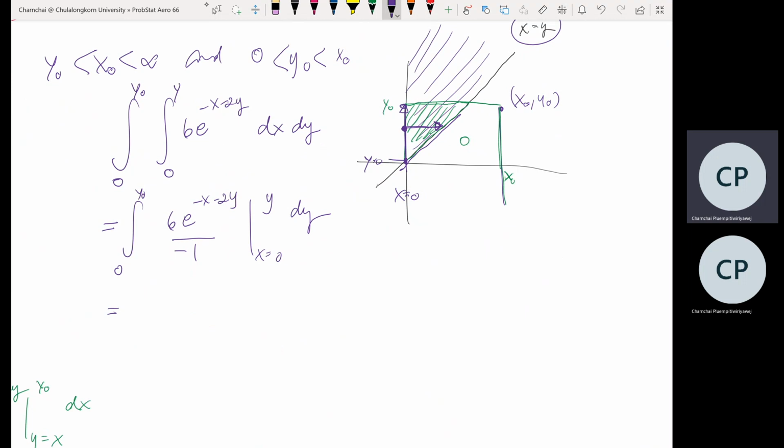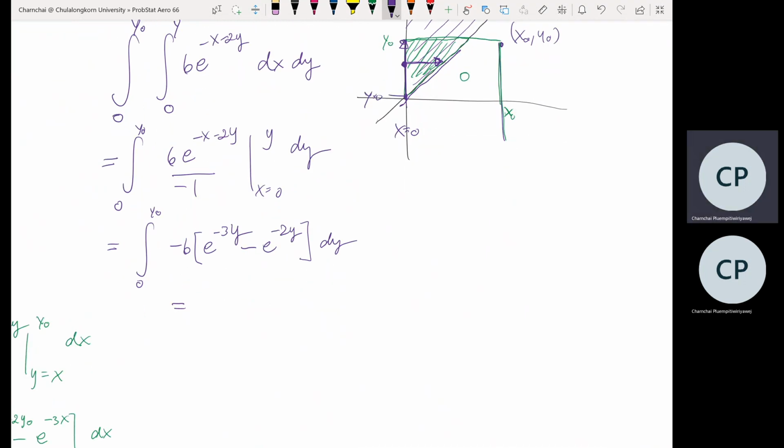So we get negative 6 times e to the negative 3y minus e to the 0 times e to the negative 2y, dy from 0 to y naught.